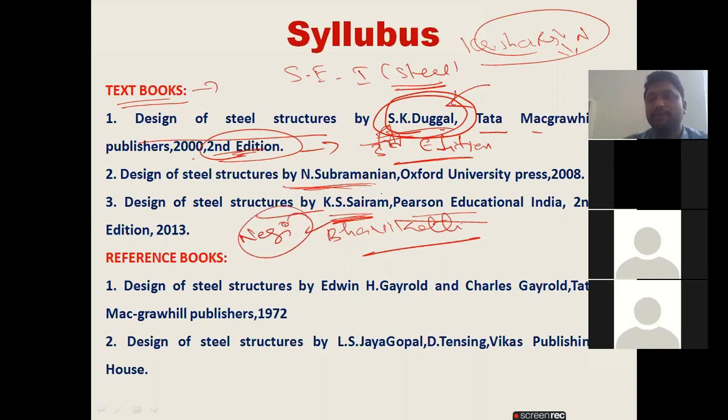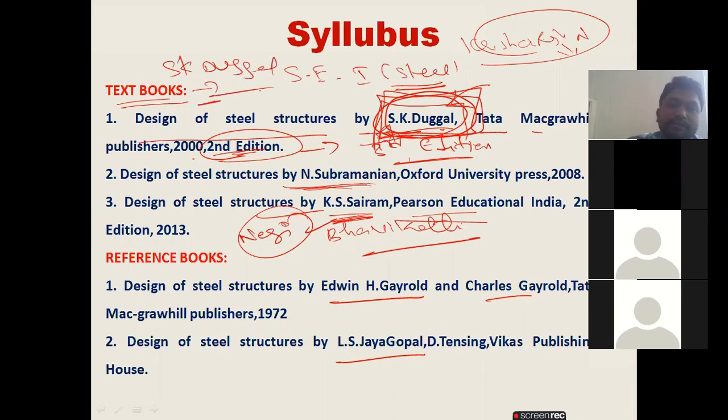For reference purposes, you can take Negi. And other textbooks for reference, if you want to learn more and more: Design of Steel Structures by Edwin and Charles, and another textbook by L.S. Jayagopal. Okay, so these textbooks are available, but I know 90% of the students follow S.K. Duggal only. Okay, S.K. Duggal. This is the most important syllabus.